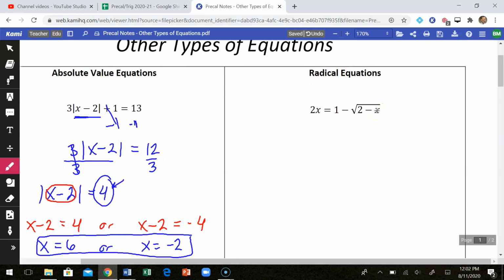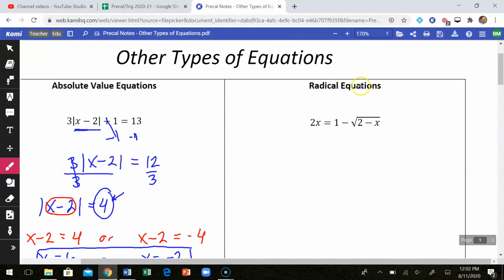Okay, radical equations. A radical equation just simply means that there is a square root involved. These range from really easy to solve to more difficult. I've given you an example here that's more difficult, but again, you can have some that are really easy. Just like isolating the absolute value, the first thing you want to do is isolate the square root. So I'm going to subtract 1 over to this side.